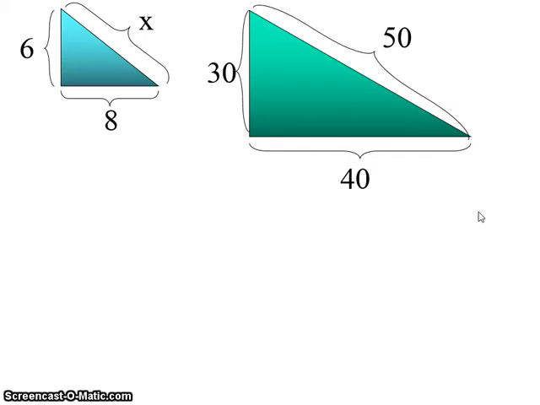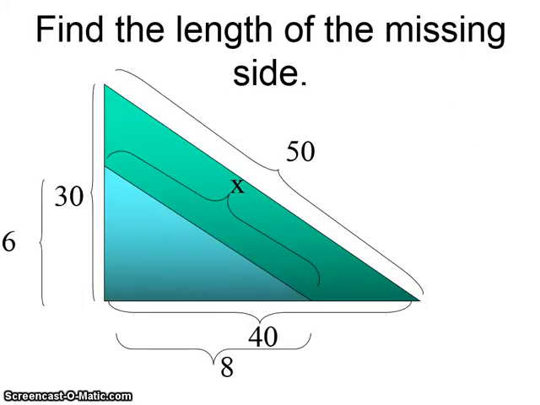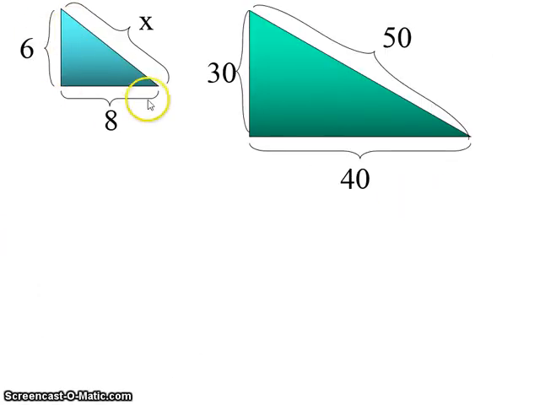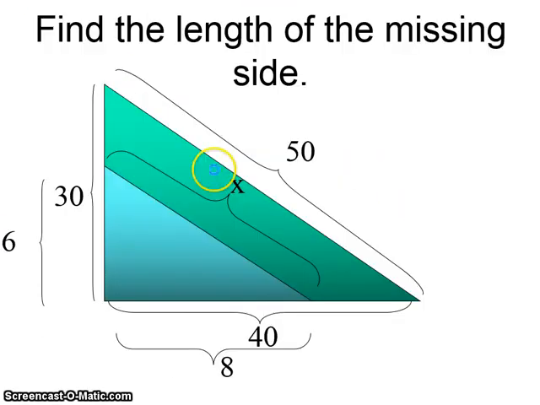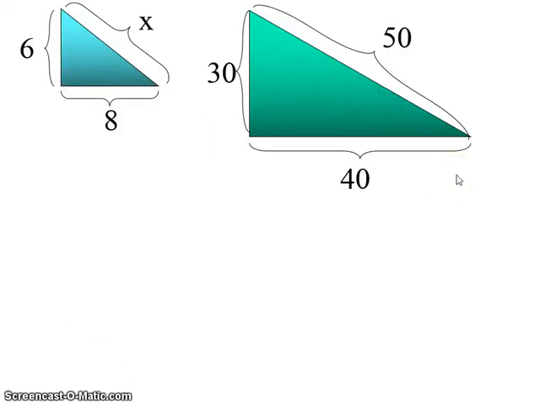Notice I've taken the same dimensions, 6, 8, and x, placed them on the blue triangle, and the same dimensions, 30, 40, and 50, and placed them on the green triangle. So if you ever feel overwhelmed with the organization of similar figures, you may separate them into two separate looks. Now, our goal is to calculate the missing measurement.